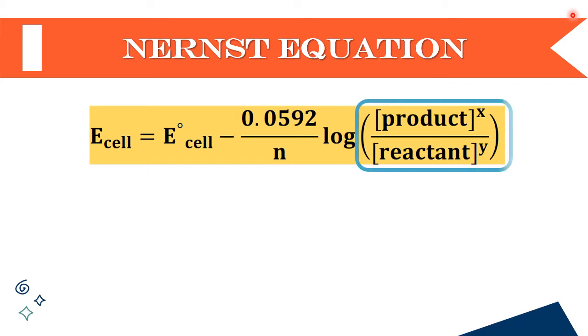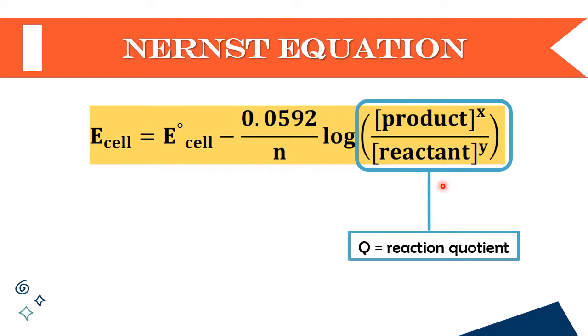The first one here, product over reactant. This might be familiar to you because we used this product over reactant so many times last semester, in our chapter 6 and also chapter 7.